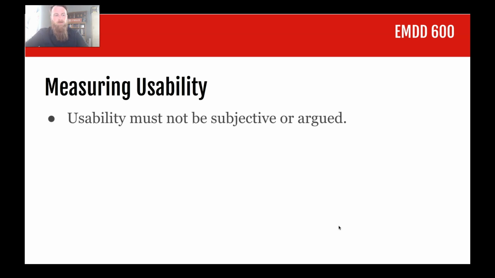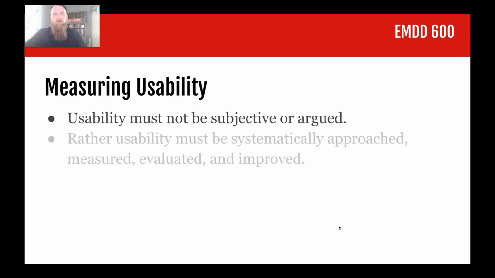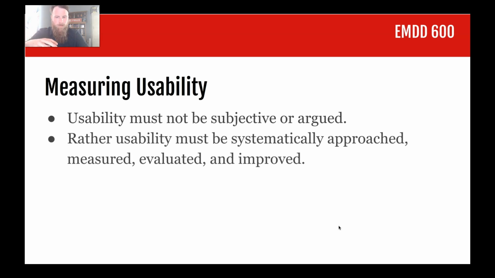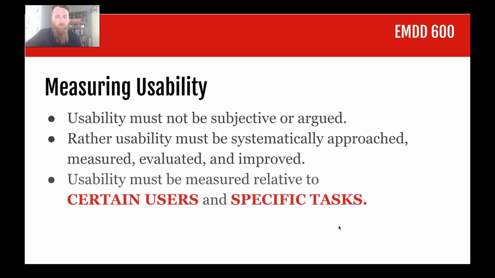A big thing to stress is that usability and showcasing that system's acceptability should not be subjective or argued. Rather, this has to be backed up by data, right? So this is something that we will systematically approach, systematically measure, evaluate, and improve upon. So the notion that it could be subjective is thwarted by us needing data to provide evidence as to what usability issues something might have.